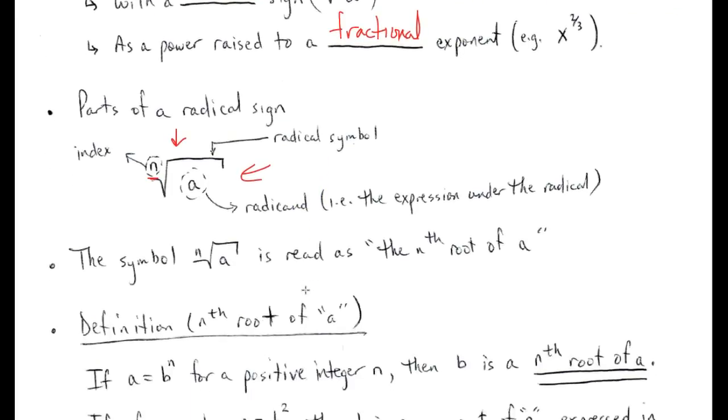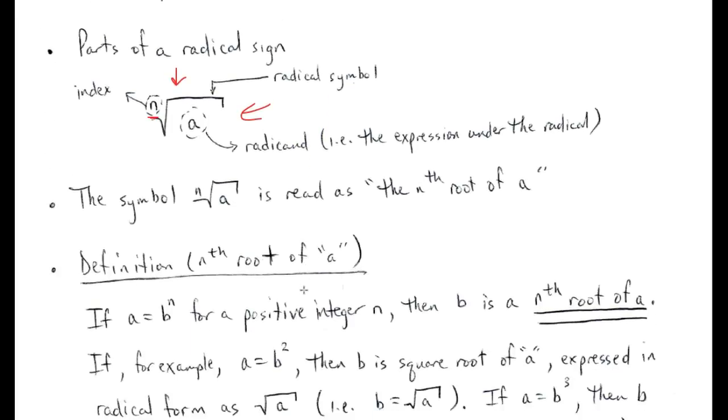So we know that roots, or nth roots rather, as we're going to call them in general, can be expressed either as an expression with the radical sign with some index, or as an expression with a fractional exponent.